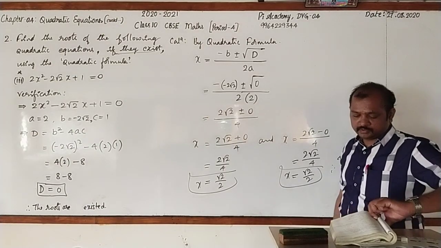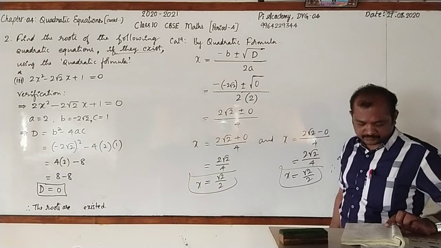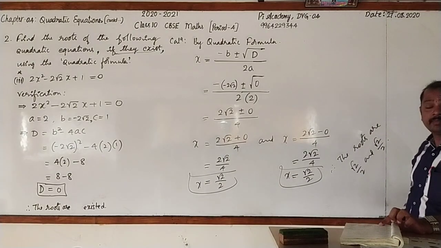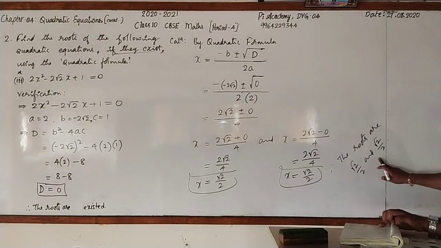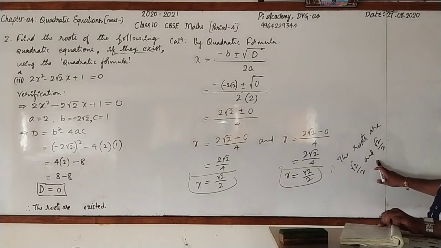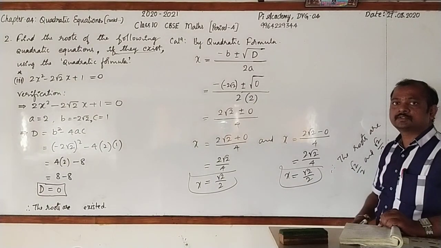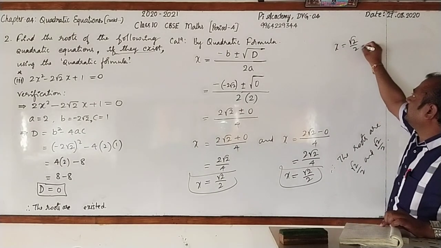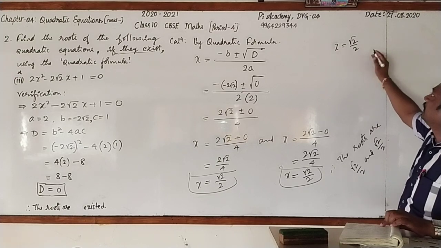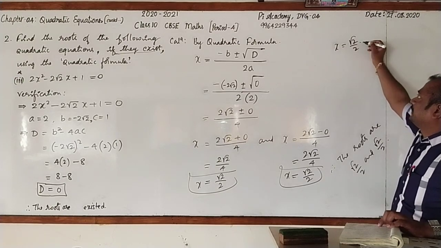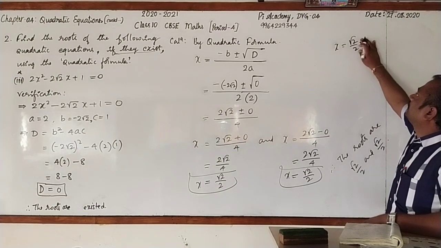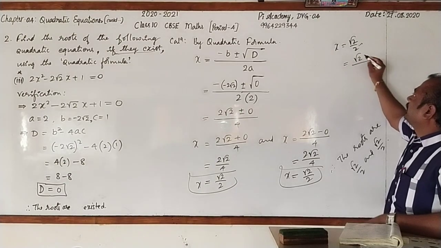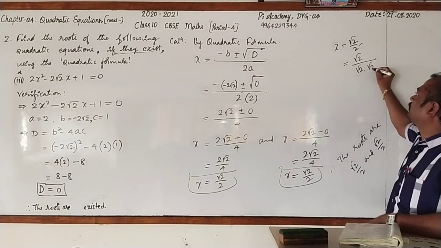But actually, in the textbook it has been given that the roots are 1 by root 2 and 1 by root 2. But here we have got this. Then is it wrong? No, this is correct. But why is it so? I'll tell you that. Here it is given root 2 by 2. This can be written as root 2 into root 2.